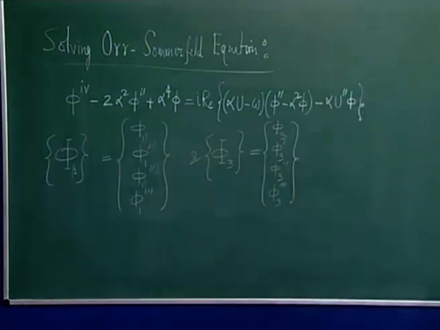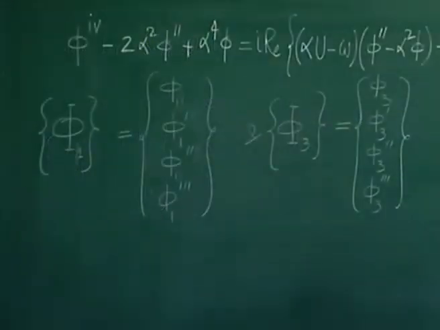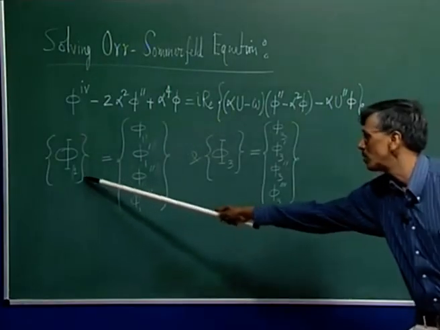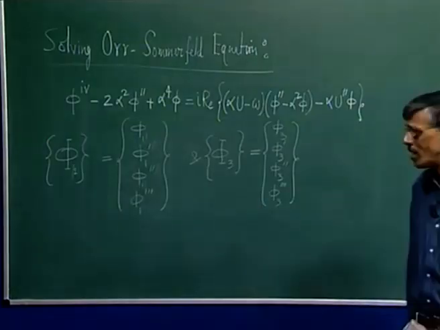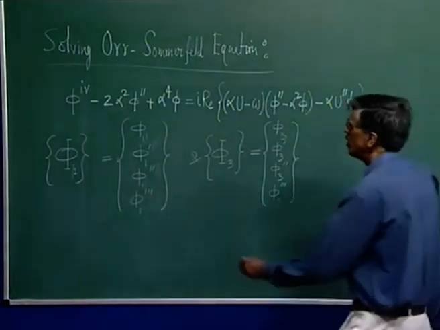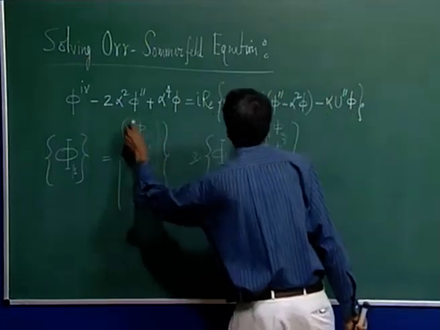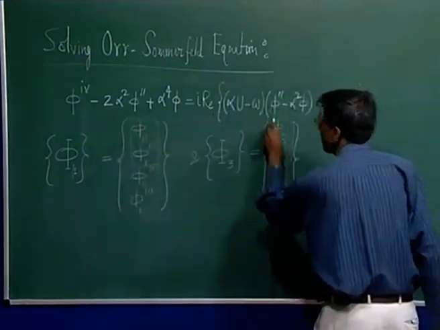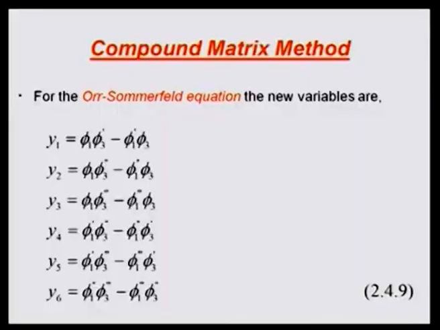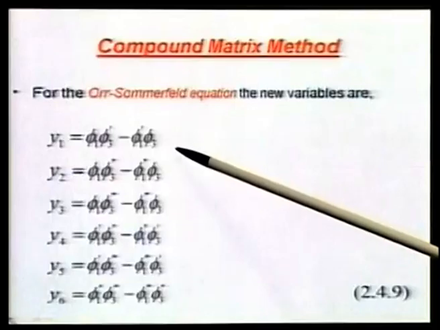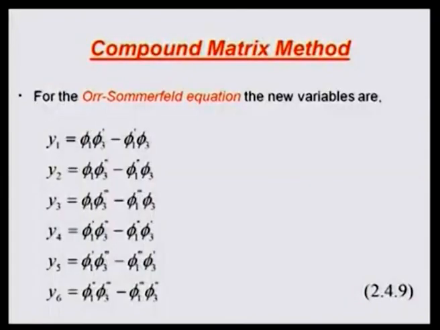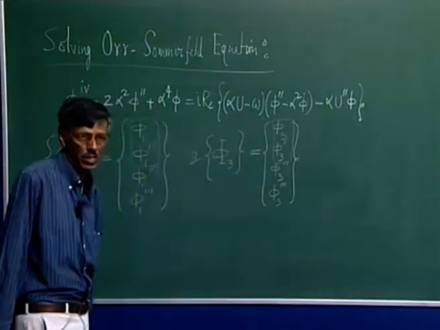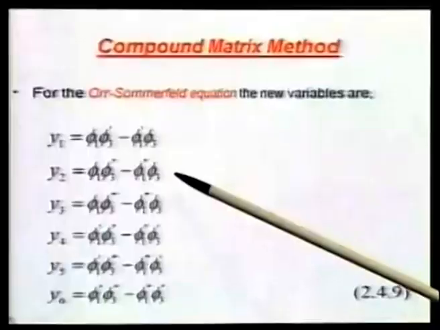Right. So, basically what we have done in defining this compound matrix variable, we have taken 2 by 2 submatrices formed by capital phi 1 and capital phi 3. For example, y 1 consists of these two elements from here and these two elements from here, and that is what you get, phi 1 phi 3 prime minus phi 1 prime phi 3. Suppose I take the first and third from these two column vectors, I get y 2.